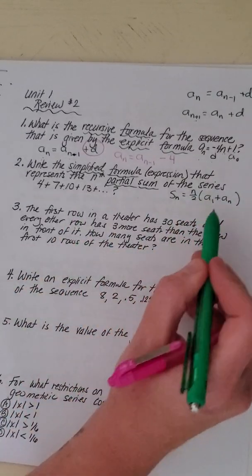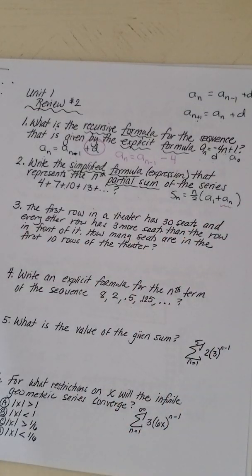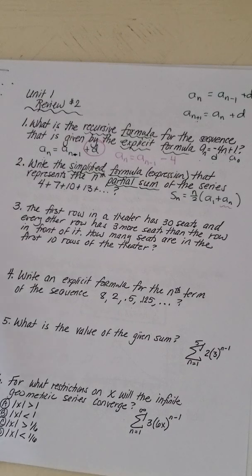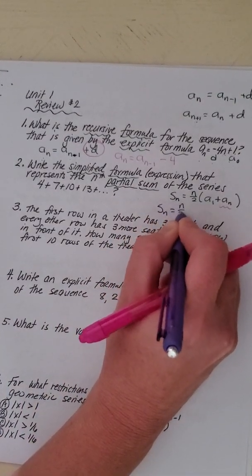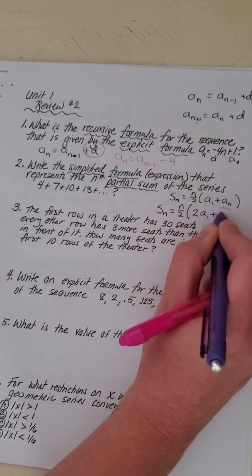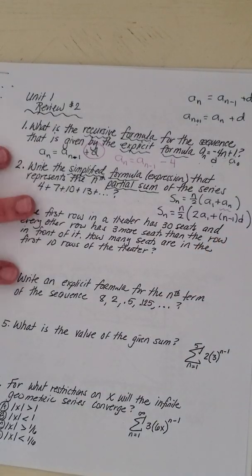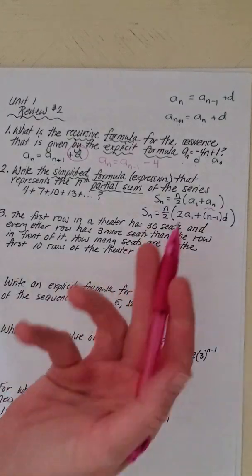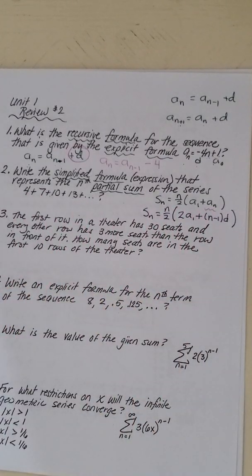The problem is that we don't know an, so we cannot use that formula. Instead, we use s sub n equals n over 2 times 2a1 plus n minus 1 times d, because we do not know how many terms there are.